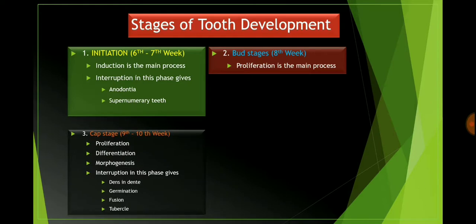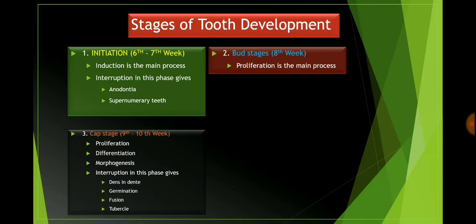The third stage is the cup stage, which starts in the 9th to 10th week in utero. Again, when I say in utero, it means before birth, so you have to know different terms.